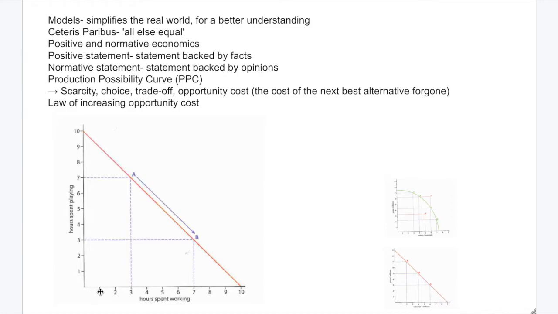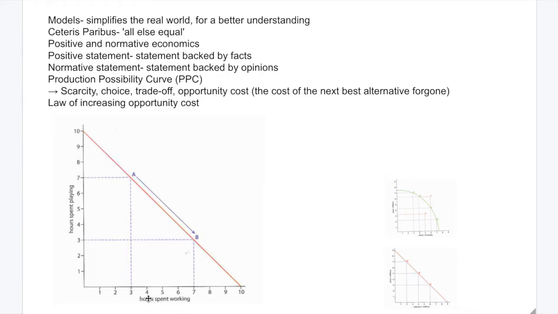And let's say you decide to go from 1 hour to 2 hours. So what's the opportunity cost here? Well, by choosing to spend one more additional hour working, you lose an additional hour of playing. So the opportunity cost here is the same. It's 1 hour you could have played and the benefit you could have gotten from that 1 hour. So as you can see, the opportunity cost is the same throughout the graph.